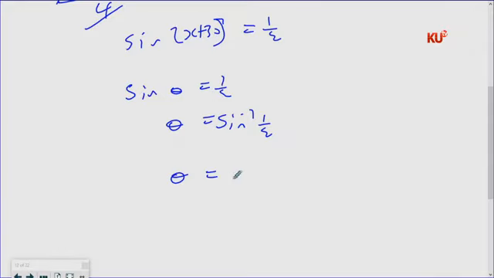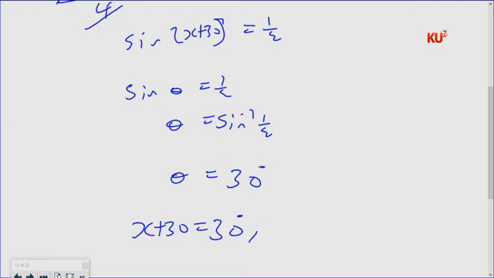So we have 30 degrees. That is our theta. Now we need to go back to the information that we had said we can do away with, which was x plus 30. So x plus 30 is equal to, the first angle that we are getting here is 30 degrees.